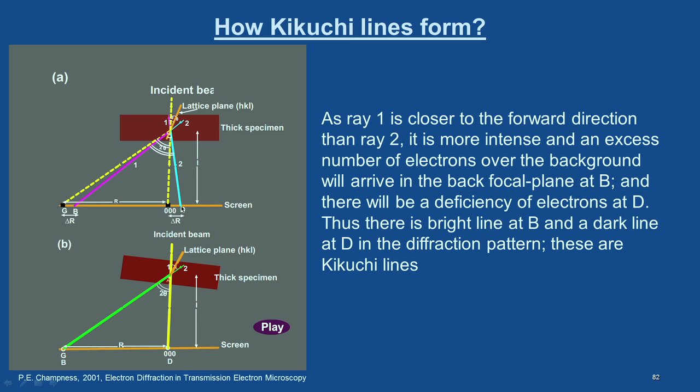So, you are talking about an electron diffraction which is forming a kind of cone. We will just see what this cone is that I am talking about. What you have to understand is that one ray with excess electrons, or higher intensity, falls on the back focal point B, and the deficient line will fall here, and there is a bright line at B and a dark line at D in the diffraction pattern, and these are all Kikuchi lines.